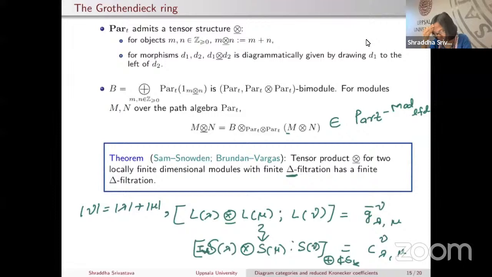So this tensor product is pretty much like when we are doing S_K cross S_L inside S_{K plus L}. In the tensor product, we get precisely this kind of embedding for the symmetric group.